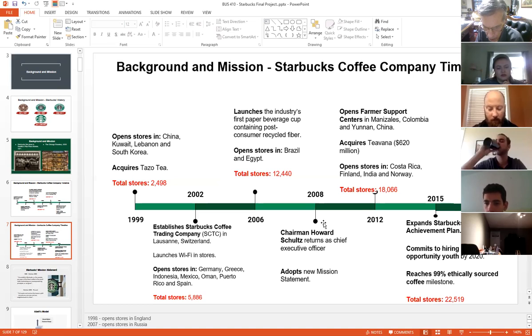So Starbucks is very well thought of in the countries where it buys coffee, particularly Colombia, because it does so much for the farmers.